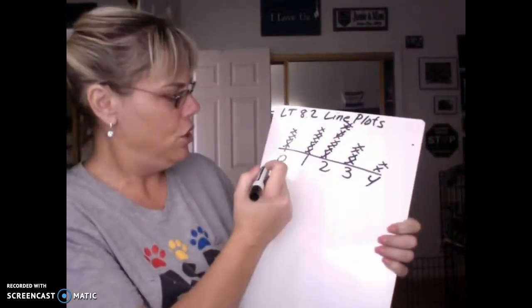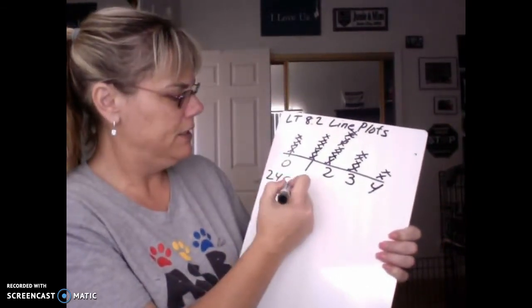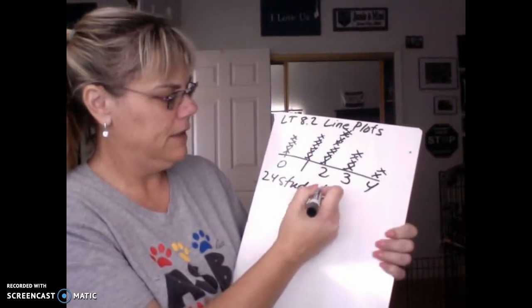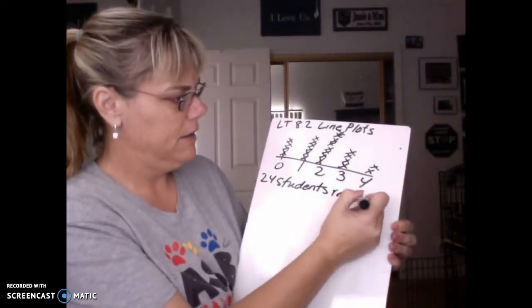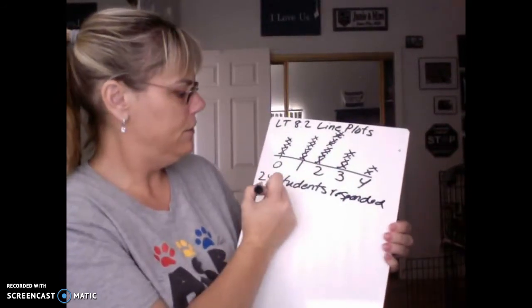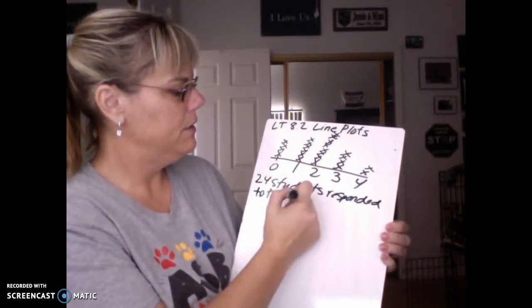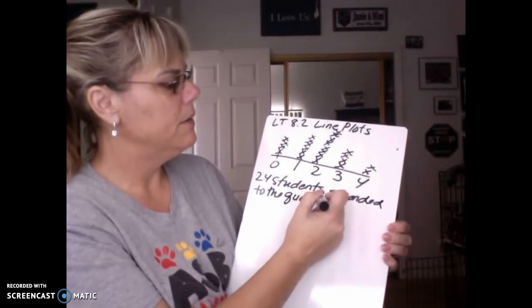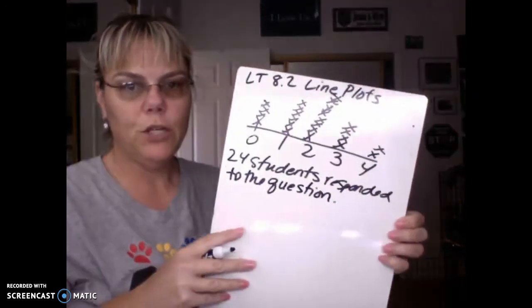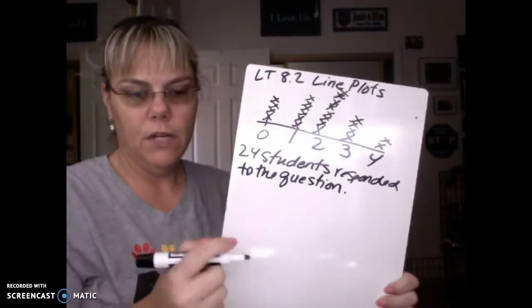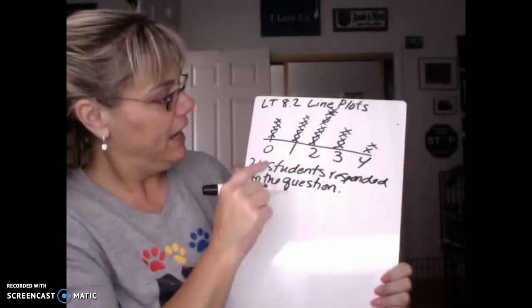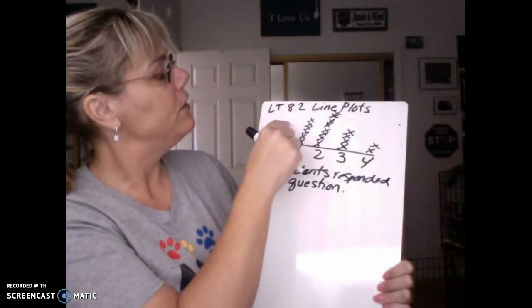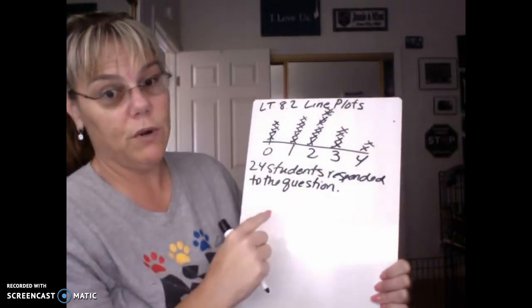Well, first of all, 24 students responded to the question, because there should be 24 numbers in our box on number of pets, and there should be 24 X's. So let me count just to make sure while you guys are writing this down.